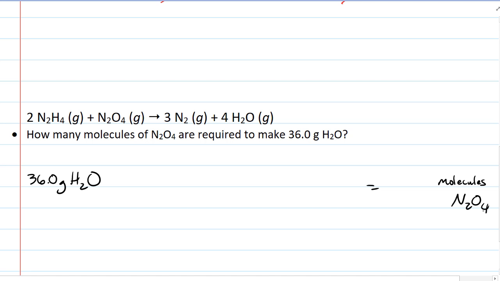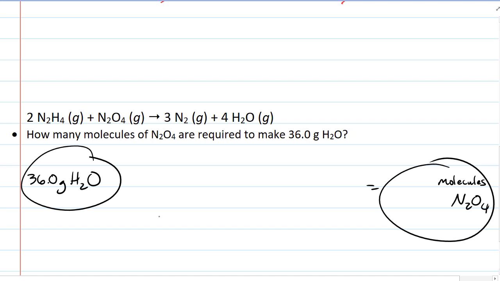So again, we are given units of grams of H2O. We're trying to wind up with molecules of N2O4. Since we have two different substances and they're related to each other using this chemical equation, it's always helpful to identify where they are in the equation. If we're going to use this equation, what does this first step have to be? Convert it to moles.